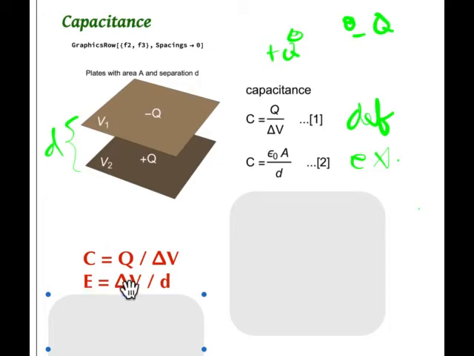So if I take the change in the potential divided by the distance over which the change is occurring, I get the electric field. Or another way to see this is that the change in potential is the line integral of E dot ds. Well, the line integral of E dot ds will just be E times D. Because the electric field between the two plates is a constant, and the distance between the two plates is D.